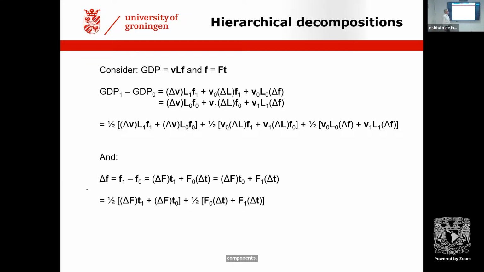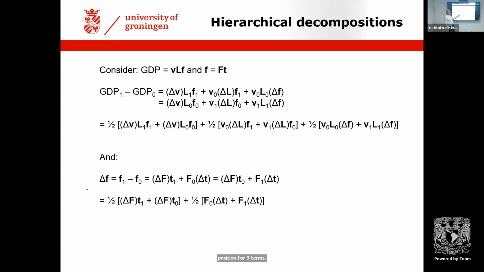Now, I'm going to talk about the hierarchical decomposition, what the hierarchy is. So we start with GDP is VLf. That's one level, one nest. And then the next level in the hierarchy is to split the small f into capital F times T. So this is now a decomposition for 3 terms, VLf.